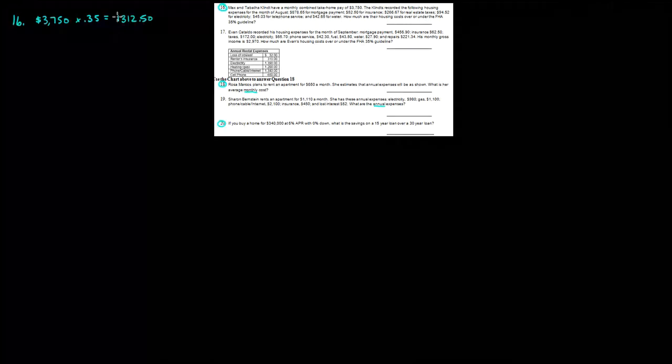So I'm going to take the $3,750 and I'm going to multiply that by the 35% maximum amount to figure out what is the most I should possibly be paying toward my house expenses. And it looks like it's $1,312.50 is the most.